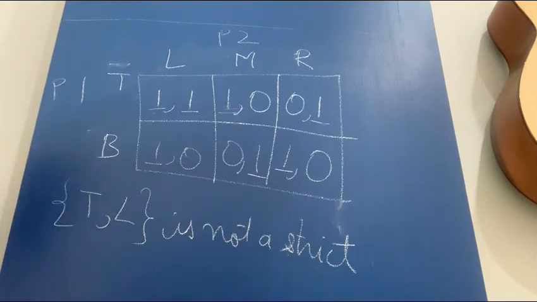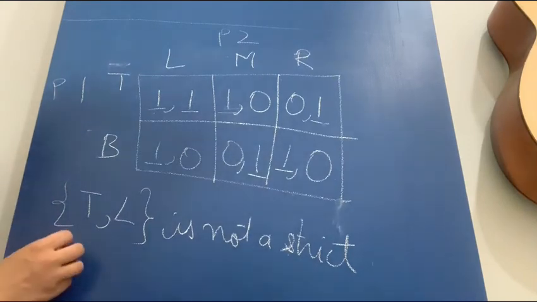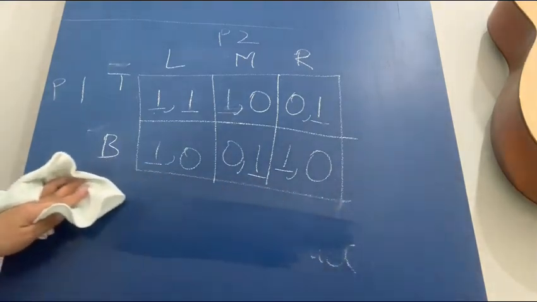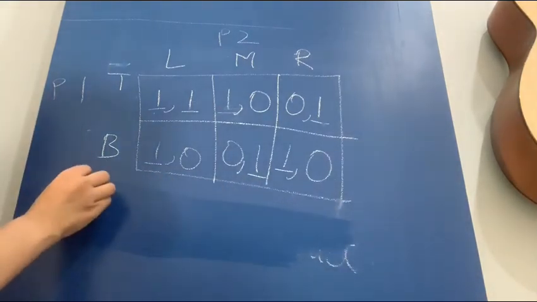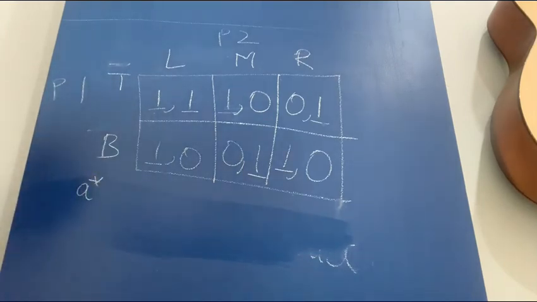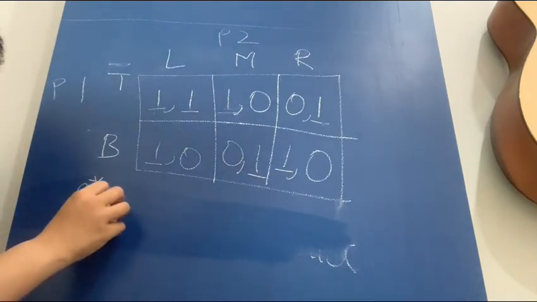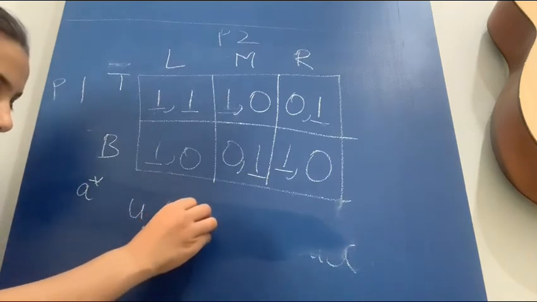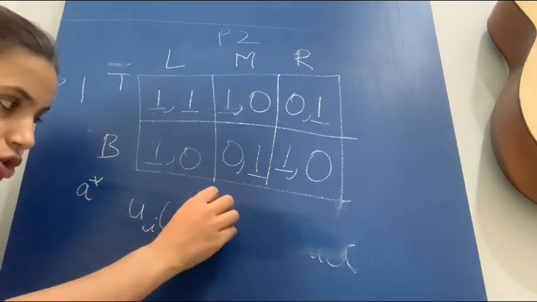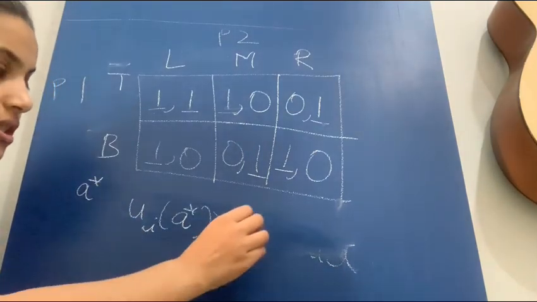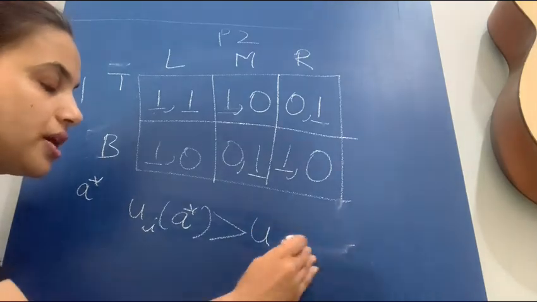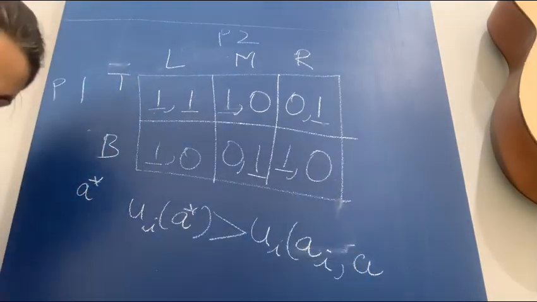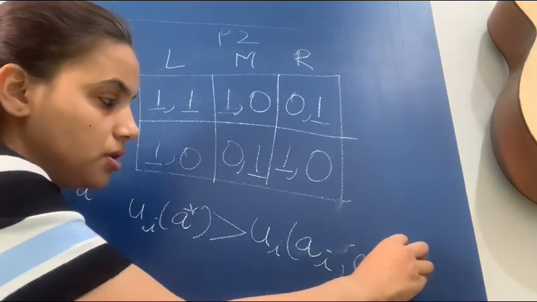That means a Nash profile a star is a strict Nash, and I can just drop this and write it here, if for all players i we have that the utility of player i with Nash profile a star is strictly greater than the utility of player i with other actions apart from the equilibrium action, when everyone else is playing their Nash strategy.